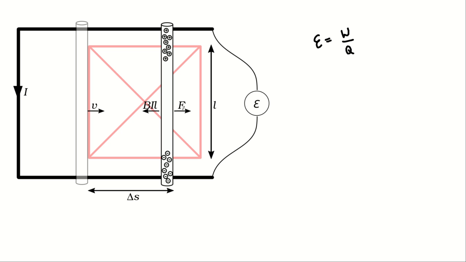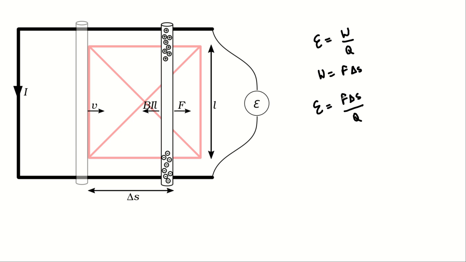And if I'm applying a force of F over a distance of delta S, then the work done is force times distance, so F delta S. So we get that the induced EMF is F delta S over charge.